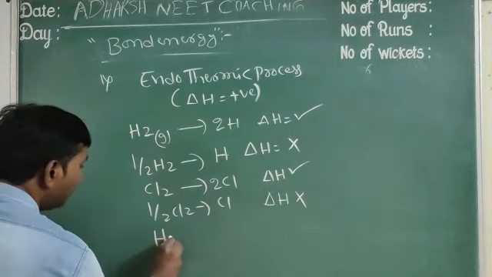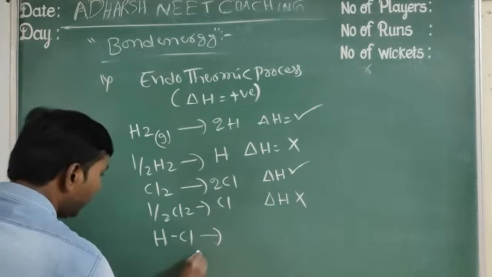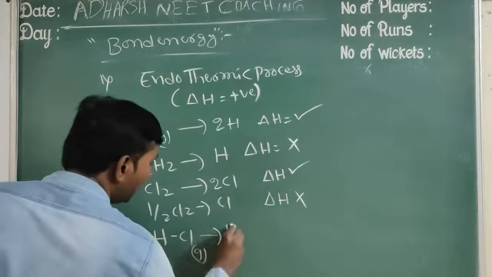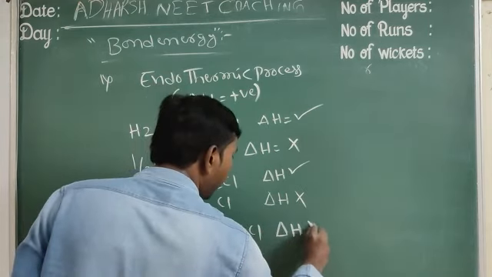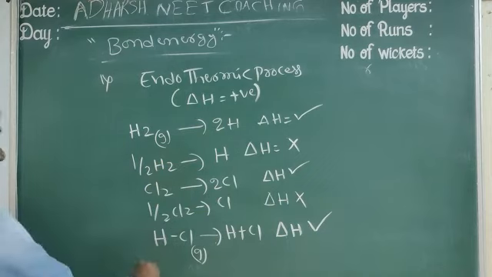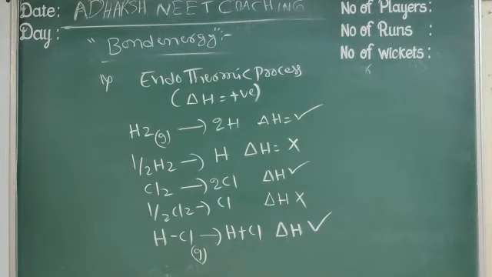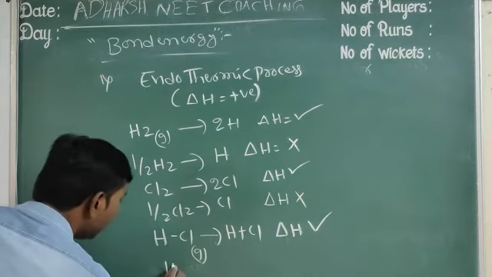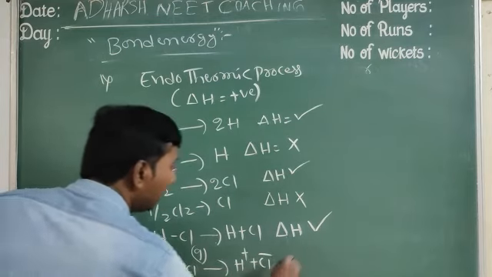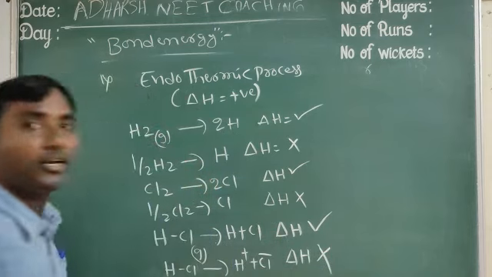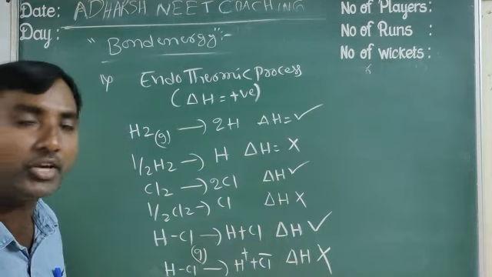Next, HCl is a gas. HCl dissociating into H plus Cl is bond dissociation energy. But the same HCl dissociating as H plus and Cl minus is not bond dissociation energy, so we do not consider it.